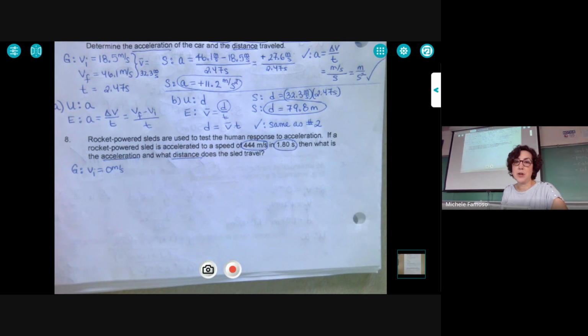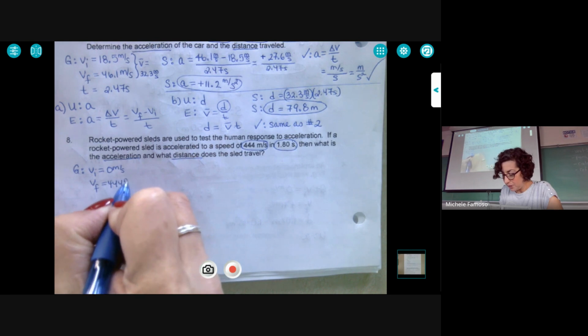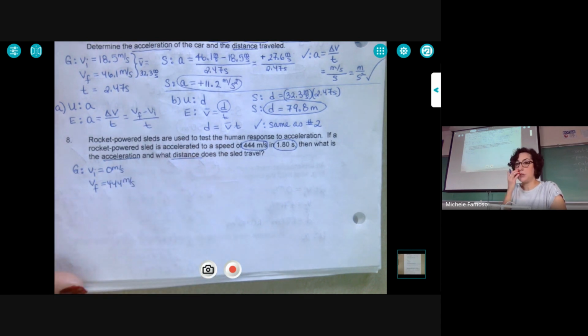Okay, Purnima, another given. Okay, so that is the VF, 444 meters per second. And Cam, what's the third given?